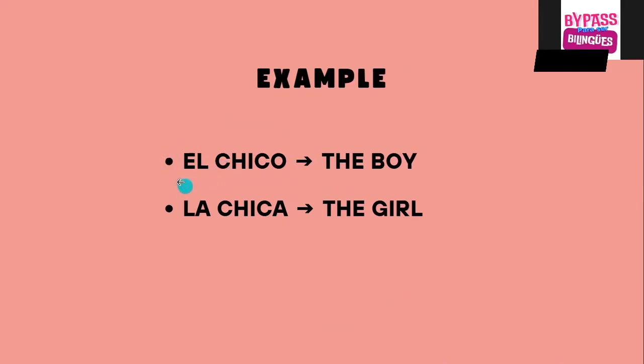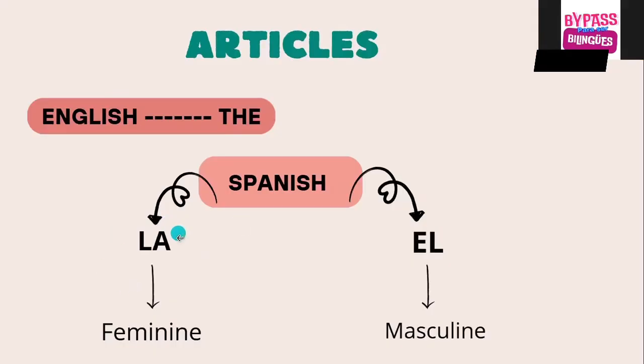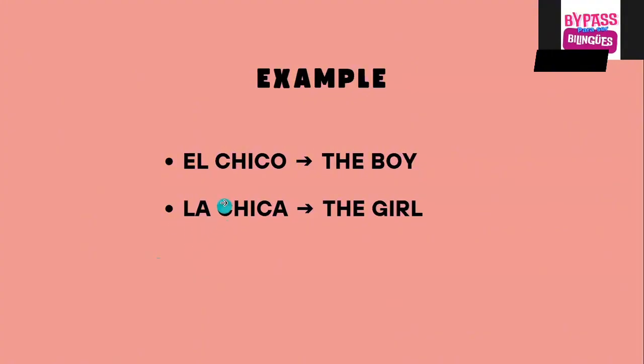In this case, el chico, and the translation is the boy. In this case, chica is a feminine noun. I need to match the noun with the article, and the feminine article is la. So write la with the feminine noun, la chica, and the translation is the girl.